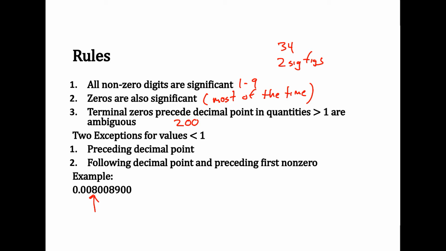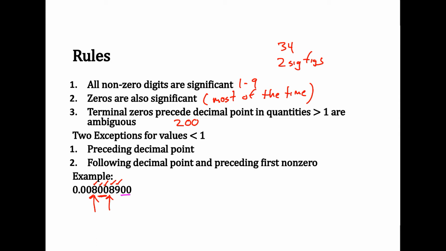Okay. So these next two zeros right here, they occur between two non-zeros. These are what are called captive zeros. So that means they are significant. So right now we know that this 8 is significant, these two zeros are significant, and then this 8 and 9 are significant. So the question is, what about these last two zeros?